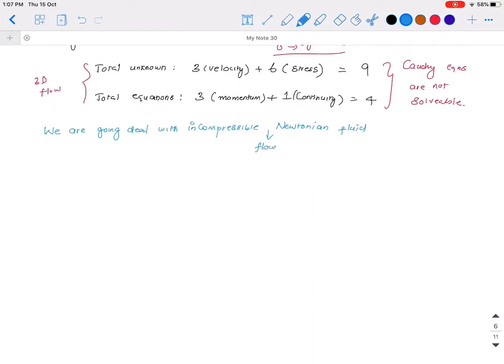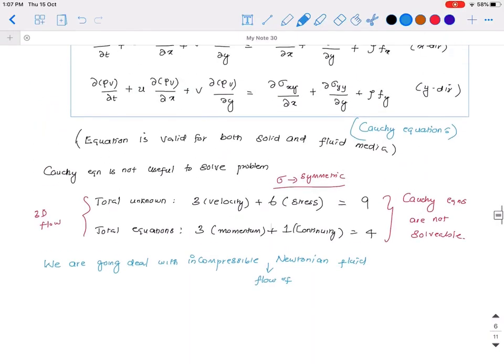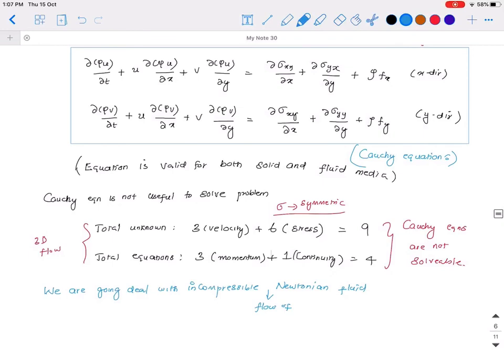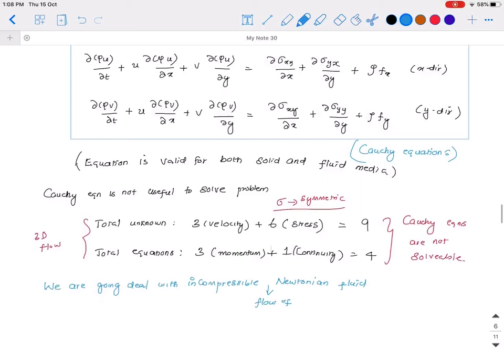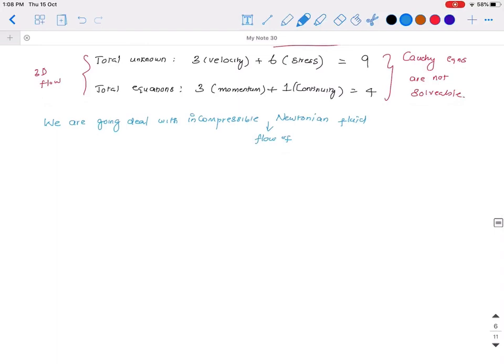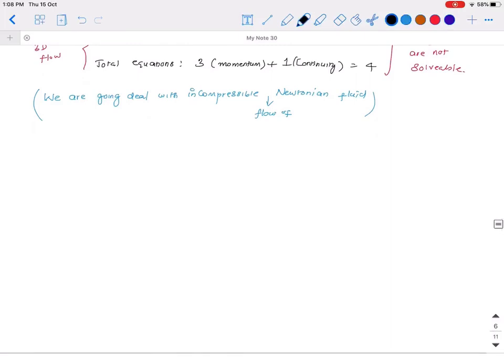Okay, so until now whatever equations that we have considered, it is valid for solid and fluid, irrespective of whether the fluid is Newtonian, non-Newtonian, incompressible or compressible. Okay, but now the discussion that we are going to do from hereafter, it is valid only for incompressible Newtonian fluids only. Okay, and the resulting equations are called Navier-Stokes equations.